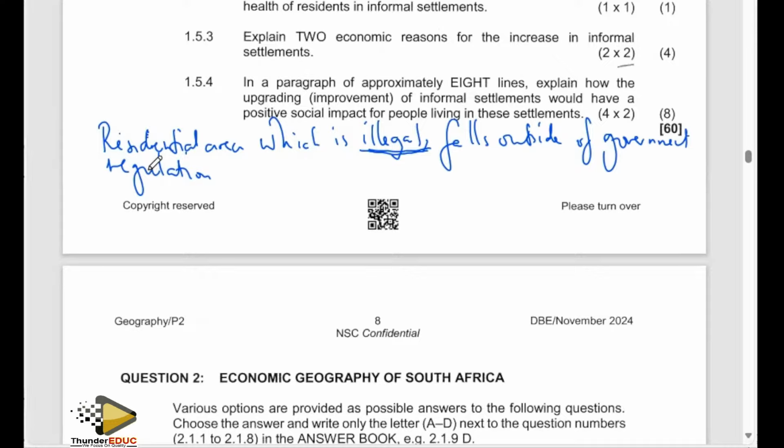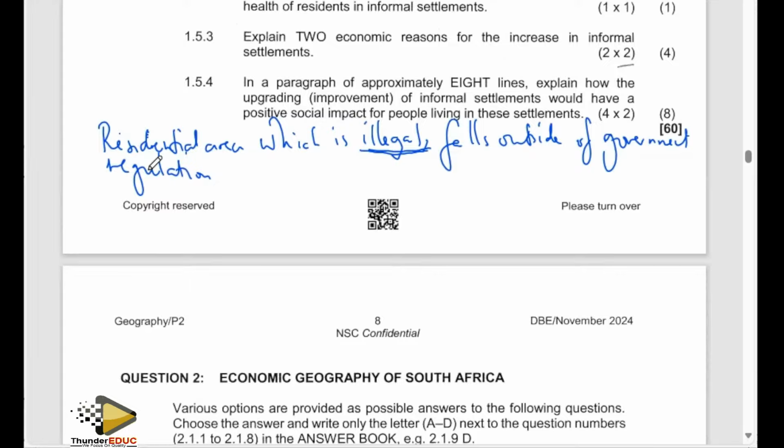But in some other instances, you can find an informal settlement which has buildings which are decent and up to date. But as long as it's not planned for, it's informal. Because for the formal one, there has to be approval from maybe the local government that the area has to be developed for residential purposes.